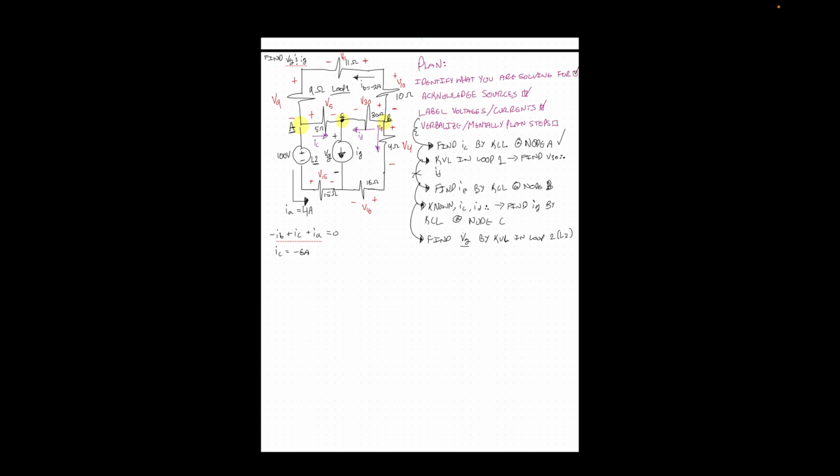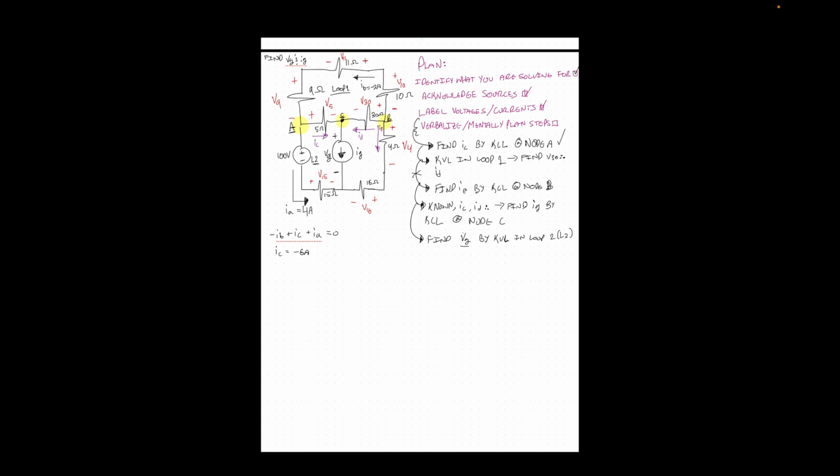Now I'm going to do a KVL in loop 1 to find V30. So in doing this, I'm going to write in terms of voltages, and then I'm going to transfer into my currents and resistances. All right.